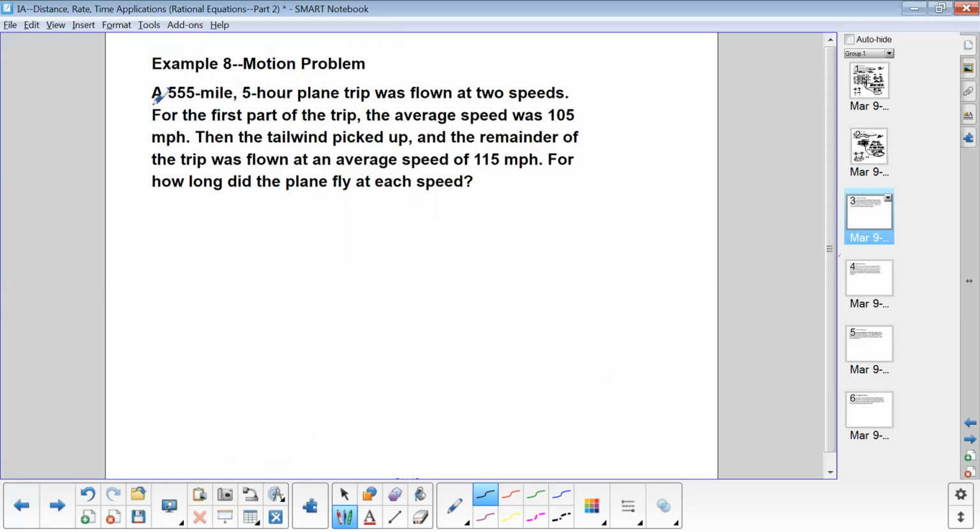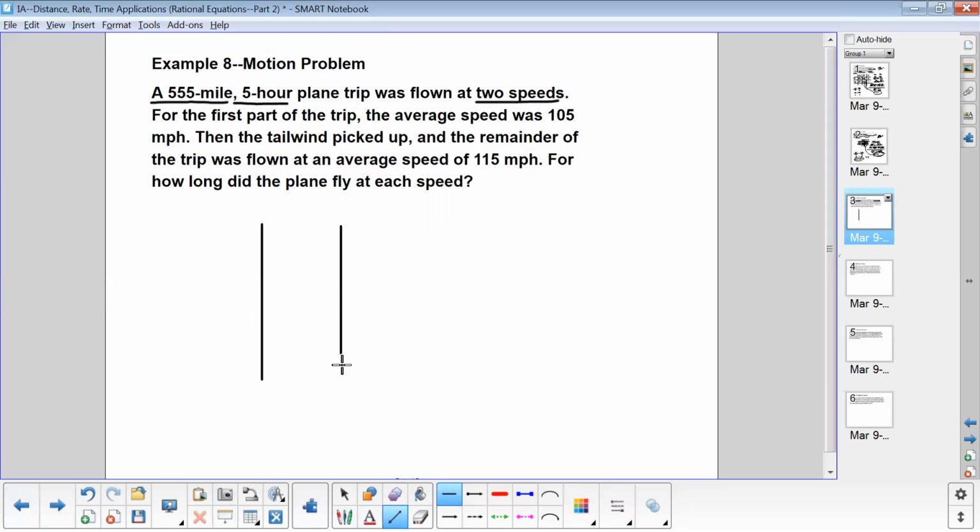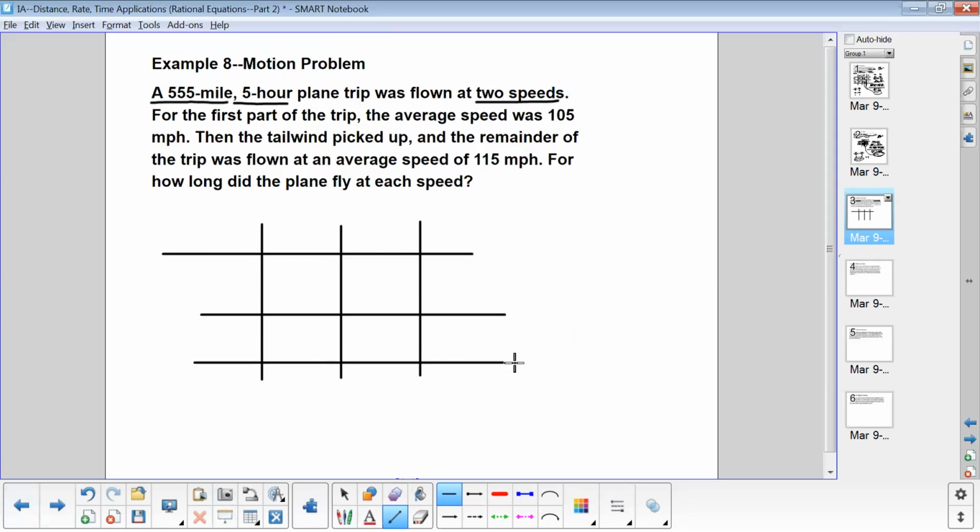All right, we have a 555-mile trip, and it's a 5-hour plane trip, and it flies at 2 speeds. We'll have our distance, we'll have our rate, we'll have our time.